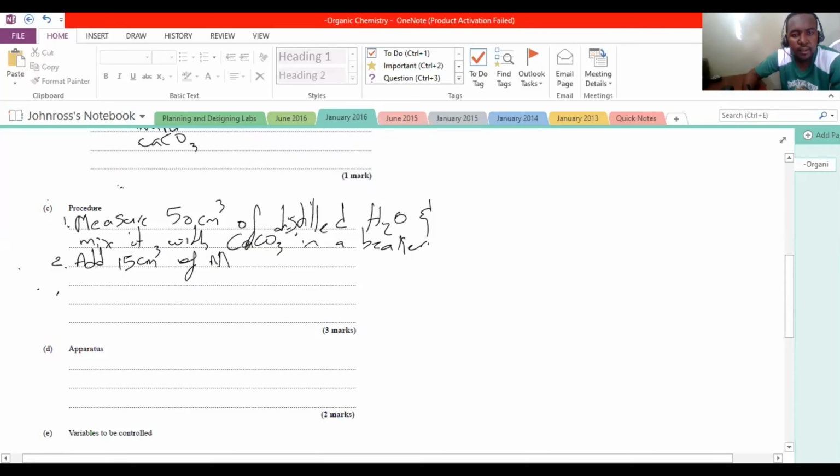So we add the Mitzi Clean detergent into the beaker with the calcium carbonate. After we do that, you tell them to mix it, then mix.